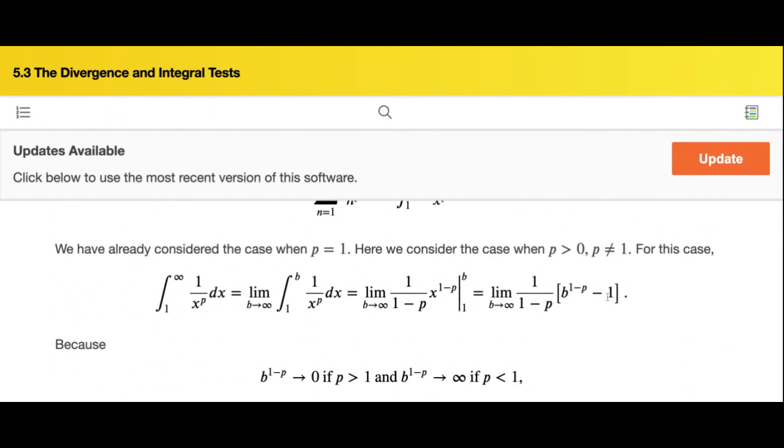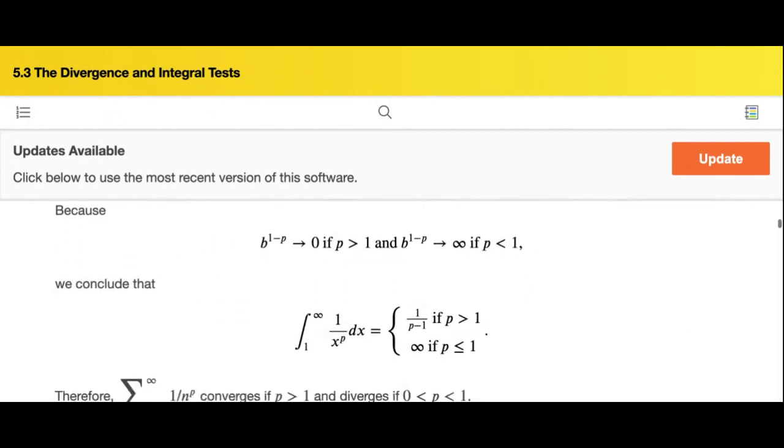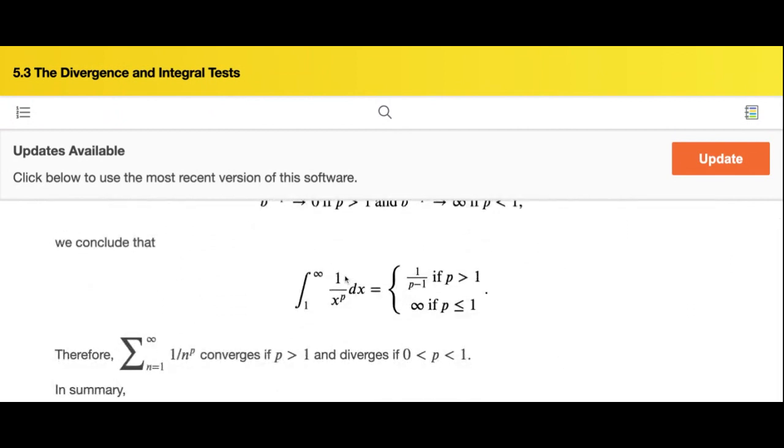And 0 minus 1 is negative 1, and 1 over 1 minus p times negative 1 we can write as 1 over p minus 1. So, a beautiful formula again. When p is greater than 1, we have a beautiful p series formula: the integral converges to 1 over p minus 1.